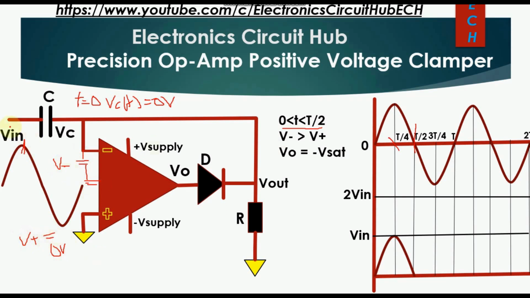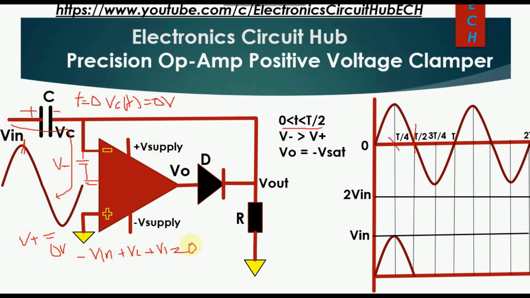If you apply KVL at this loop, let us mark the polarity of this capacitor plus minus. So minus Vin plus VC, the voltage across this capacitor, plus V minus equals 0 volt.